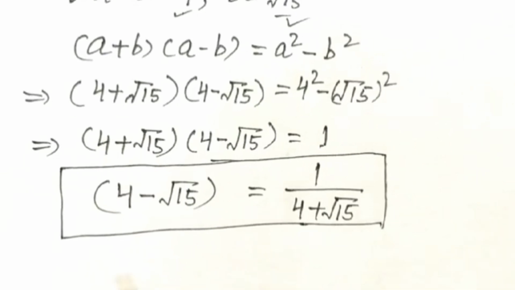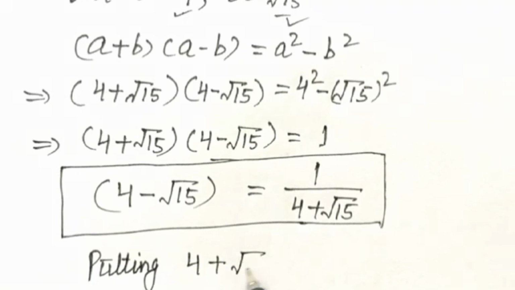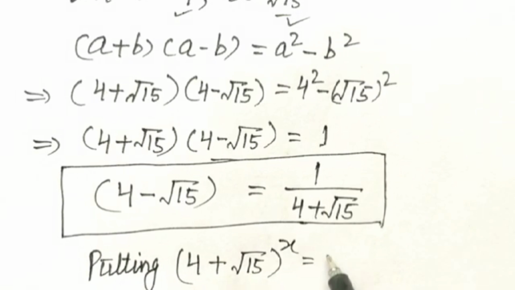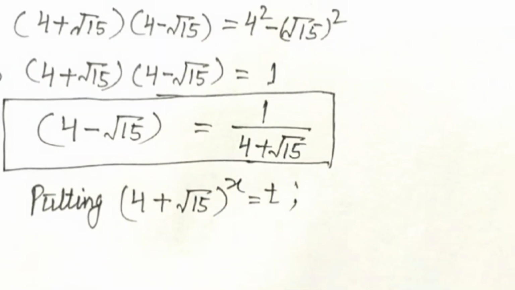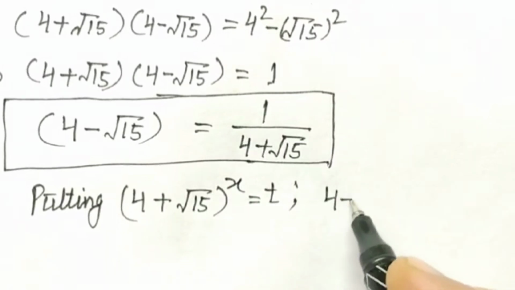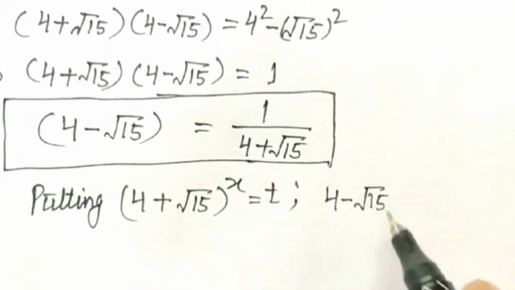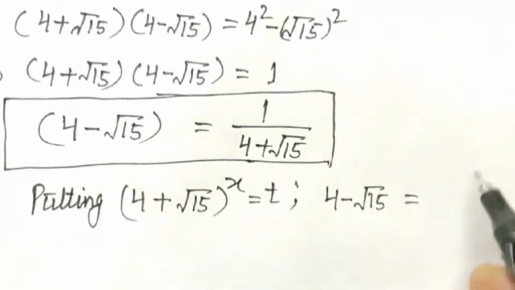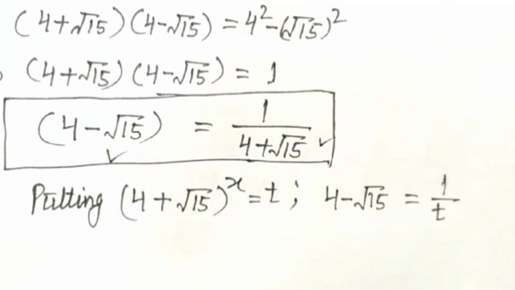Now put (4 + √15)^x equal to t. Then 4 - √15 will be equal to 1 over t, because this is equal to this.